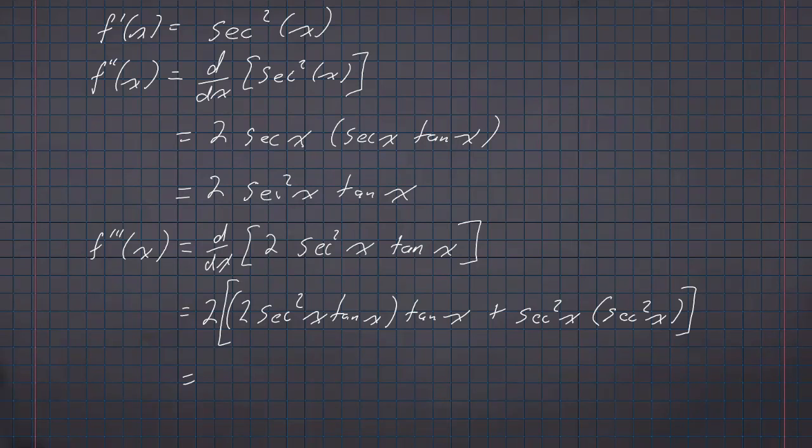Cleaning this up, we end up with 4 secant squared x tangent squared x plus 2 secant to the fourth of x. We could keep going from here. It's perfectly reasonable, but third derivative, like I said, probably good enough. There's no reason to look further than that.